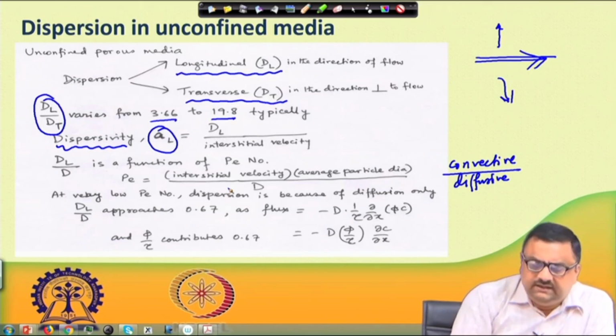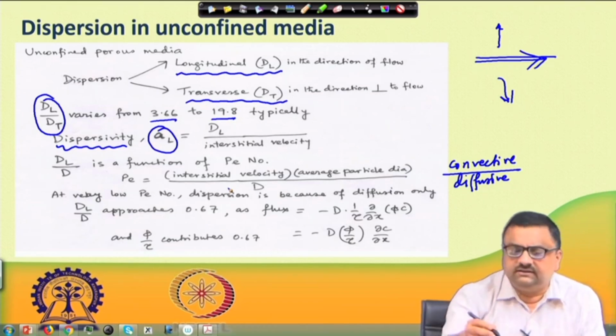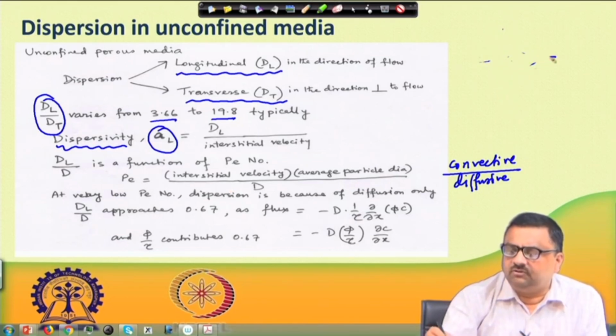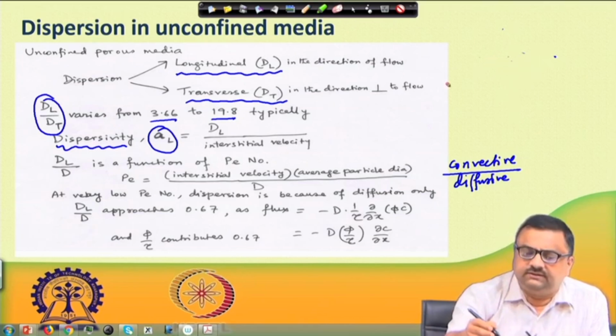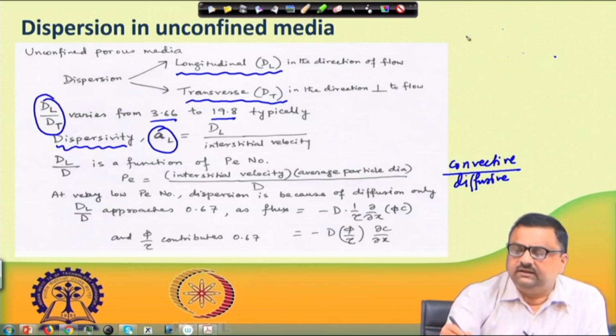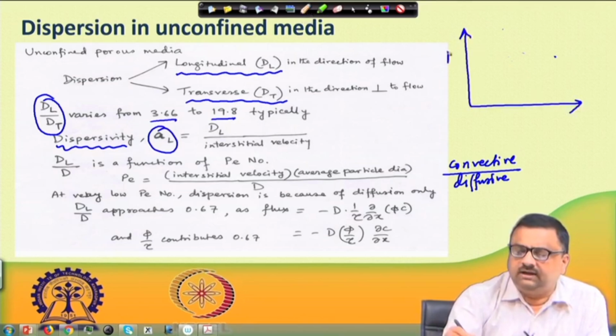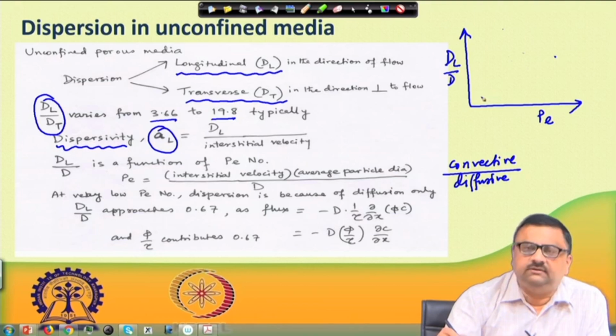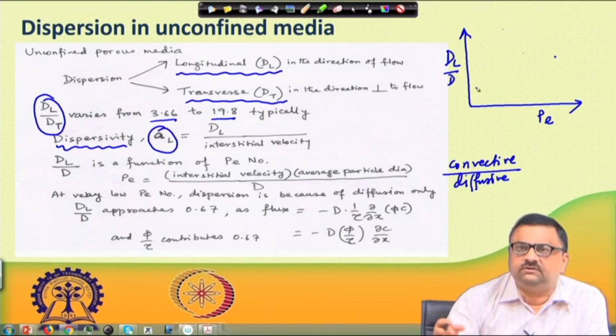Now, this DL by D, there is a common trend among these researchers: people tend to plot DL by D as a function of this Peclet number, and they picked up different kinds of porous media.